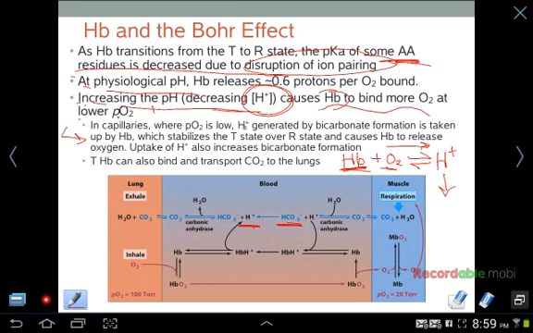The protons generated by bicarbonate formation can then be taken up by hemoglobin, which stabilizes the T state over the R state, which then allows release of oxygen.